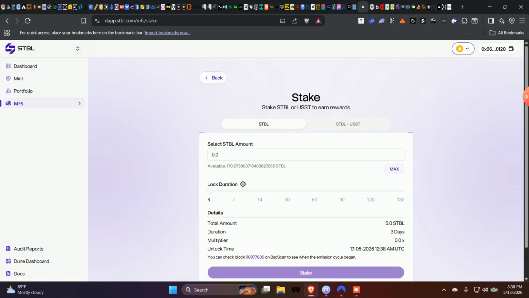And you can actually stake the STBL coin itself, or you can combine it with the USST that you minted to create what we call an LP or a liquidity position. Okay. Now, once you do that, let me just show you what the STBL is.